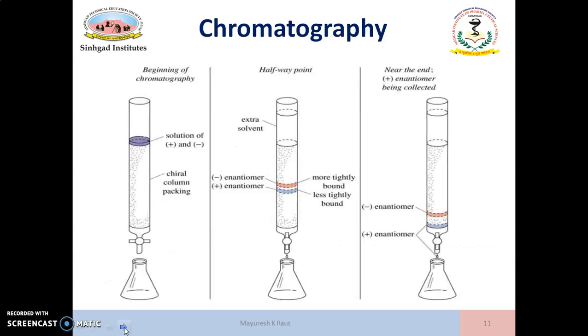We can see here in the diagram the column is packed with a chiral column packing, and then we add our racemic mixture, which after some time will lead to separation as positive enantiomer and negative enantiomer.